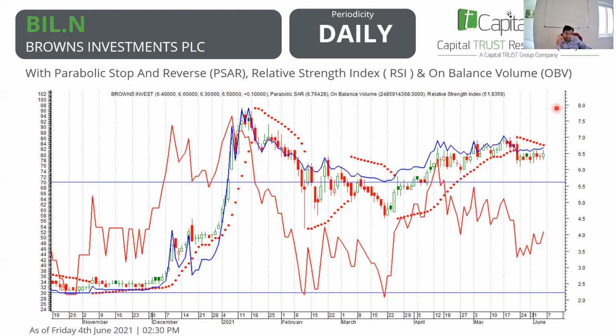This is Bill. You see that the OBV has just edged up a bit. Parabolic stop and reverse is still showing downward momentum. So it has to go up a bit. It's not strongly going up.